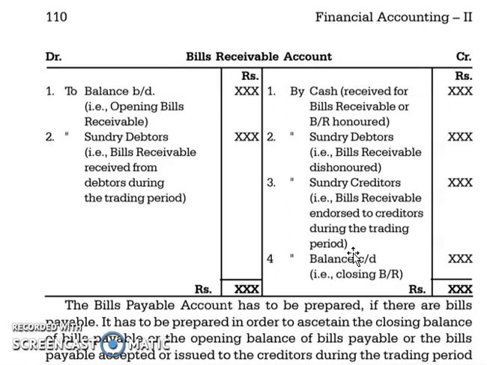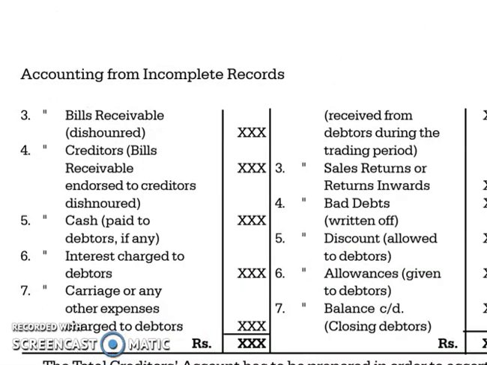And on the credit side, we have by cash received from the bills receivable, by sundry debtors, by sundry creditors, and closing bills receivable.